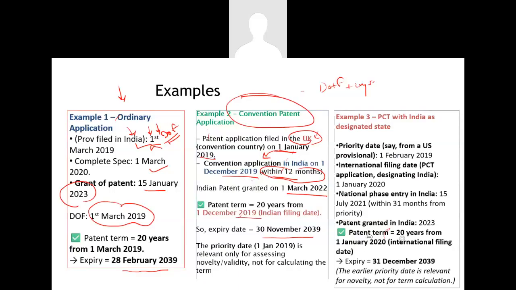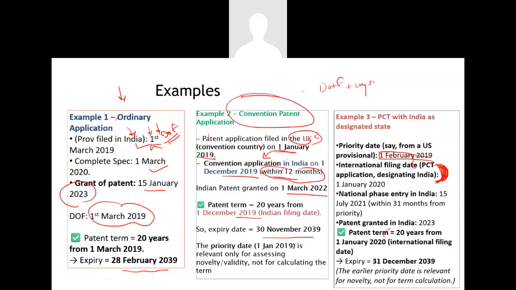Let's look at this one. Example 3 of PCT. The priority date is from the US, which is 1st Feb 2019. International filing date: PCT application was filed and it has to be filed within a span of 12 months as per sections of the Patent Act, which says that even for the PCT, the international filing, the PCT application itself is considered as a complete specification.